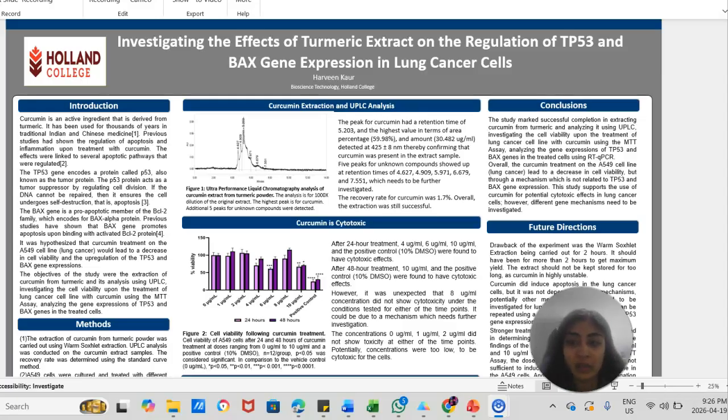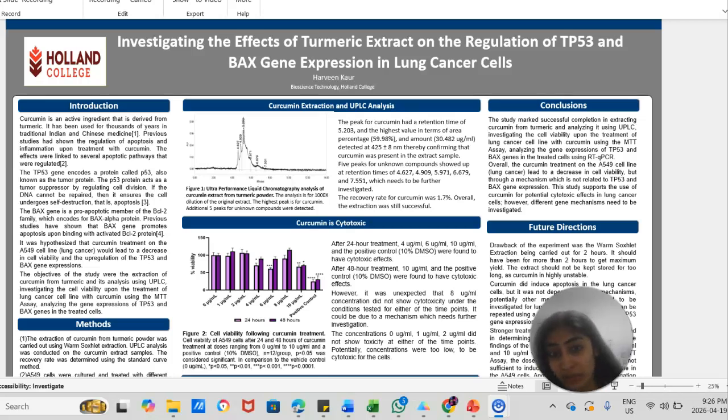Talking about a bit of the background, curcumin is extensively used in Asian countries. It's an active ingredient that has been used for over thousands of years.